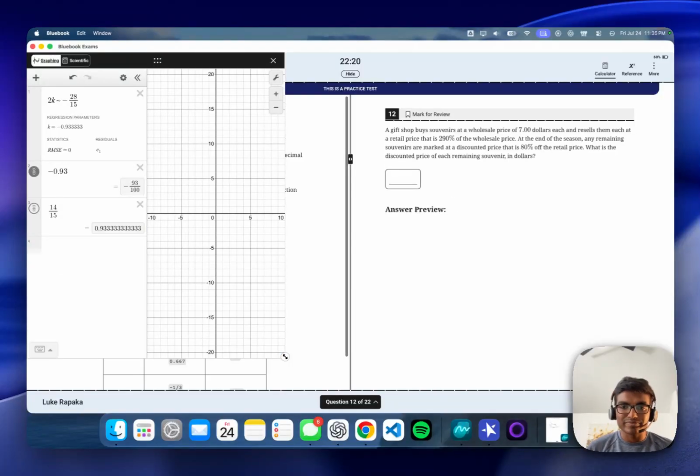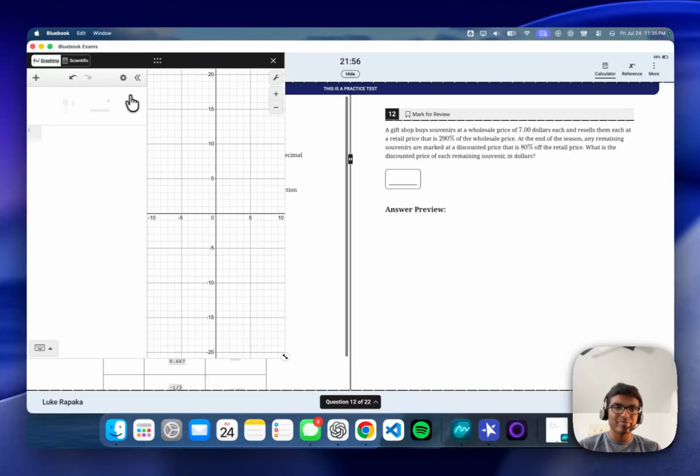But yeah, okay. A gift shop buys souvenirs at a wholesale price of $7, resells them at 290%, and the season 80%. Okay, this is a fun one, I guess.